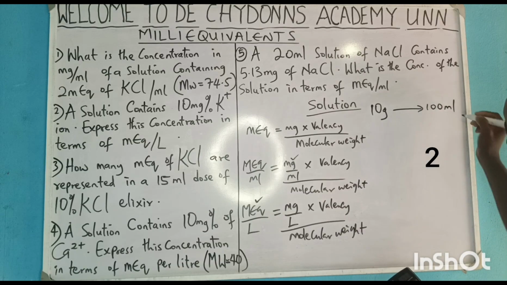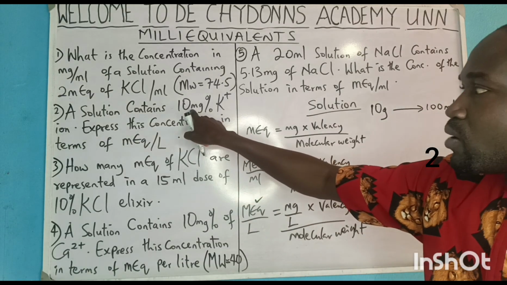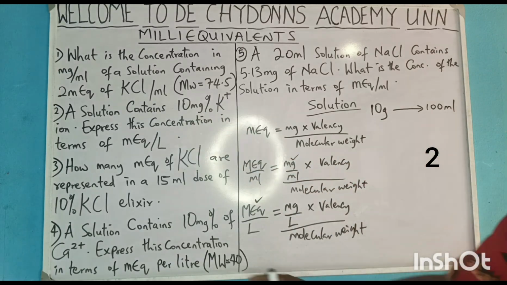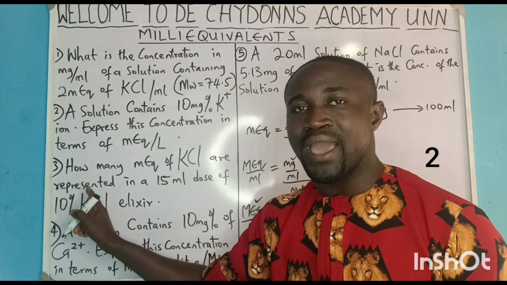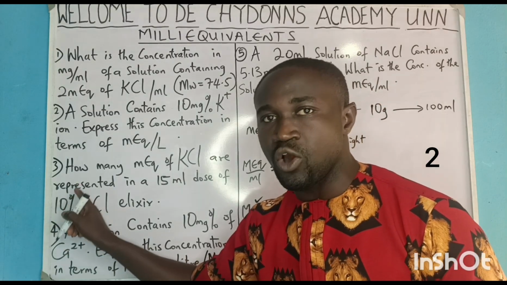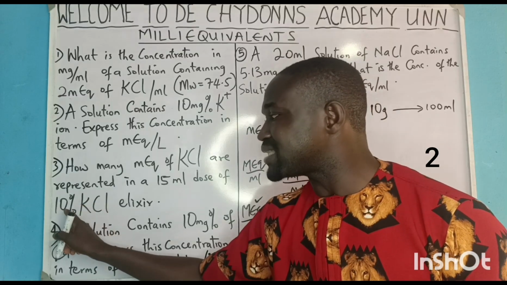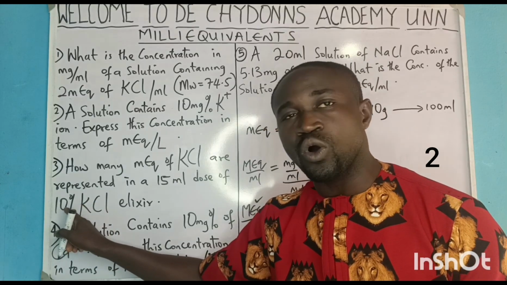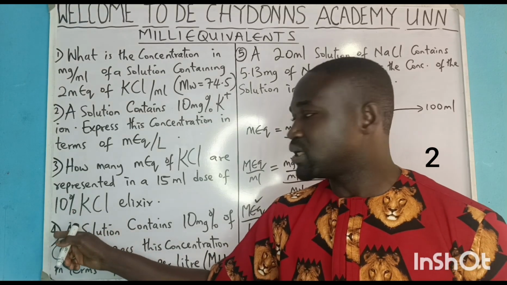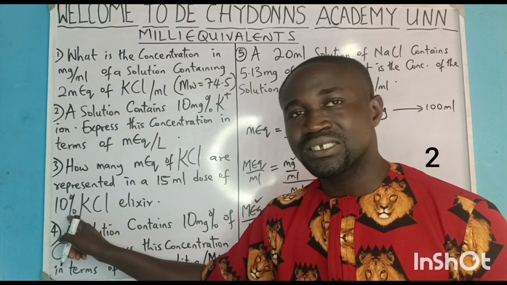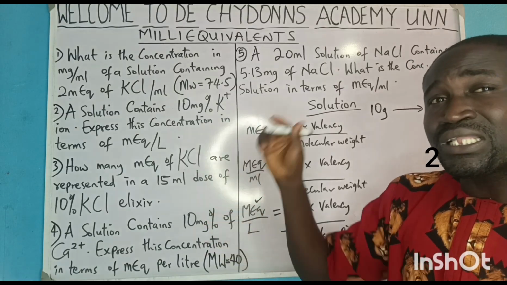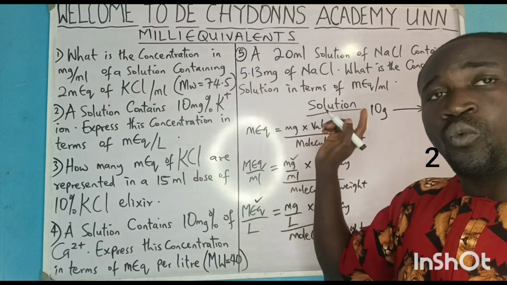Here they did not specify whether it is milligram or gram or kilogram or whatsoever. It means that you now know that it has an intrinsic, invisible gram in it. Whenever you see 10% in percentage calculation, 10% means 10 gram in 100 mil.